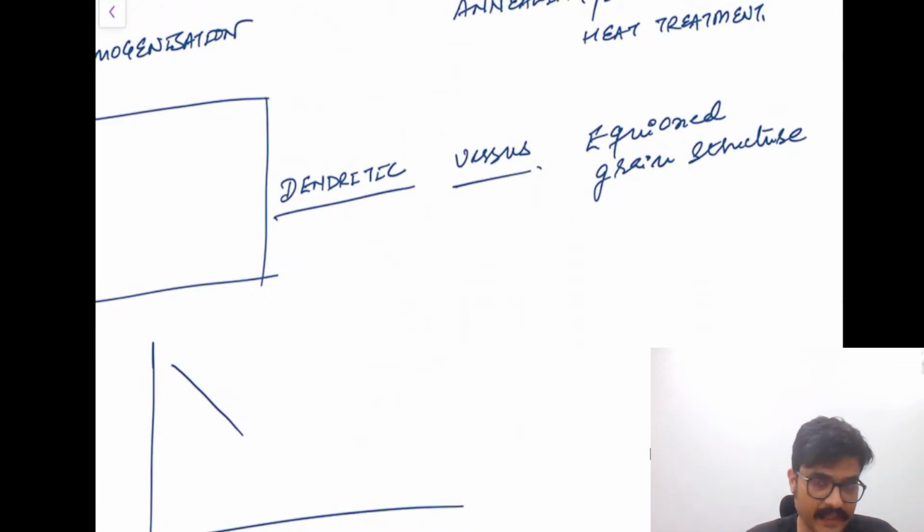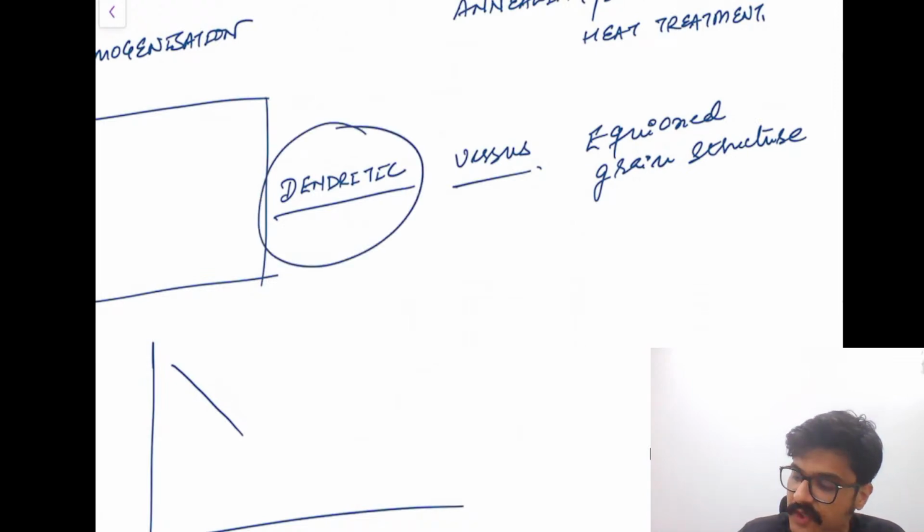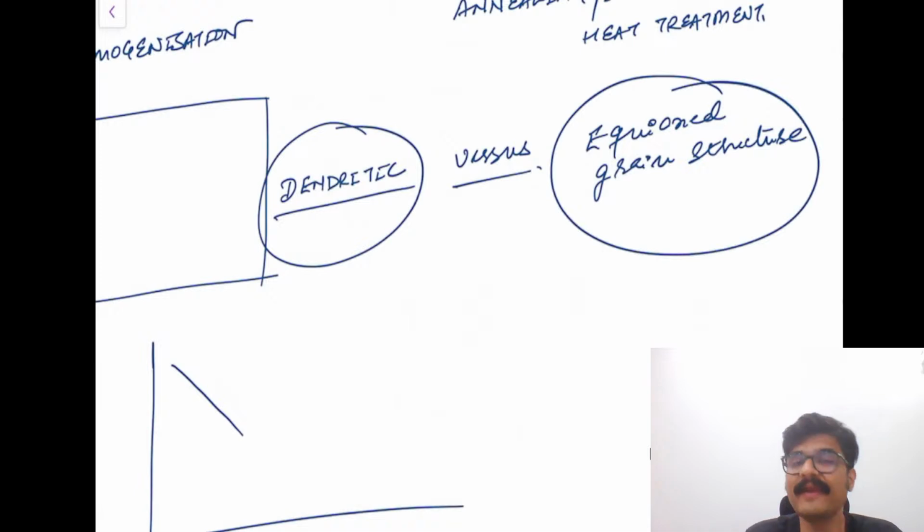We'll understand this together, right? So that we develop this concept. Now, if I do very rapid cooling, then what happens is I get non-uniform structure in the different layers of the solid that has just solidified, right?